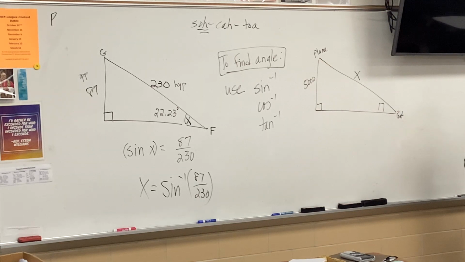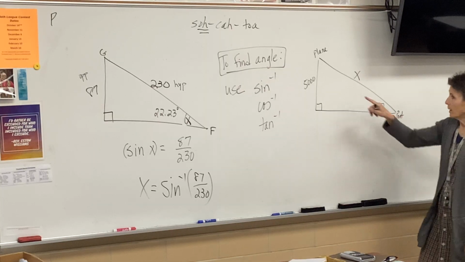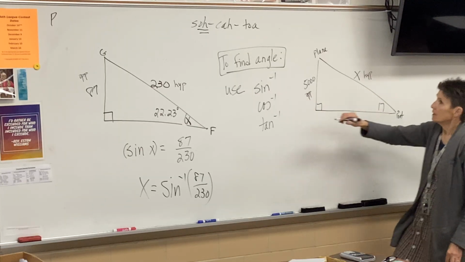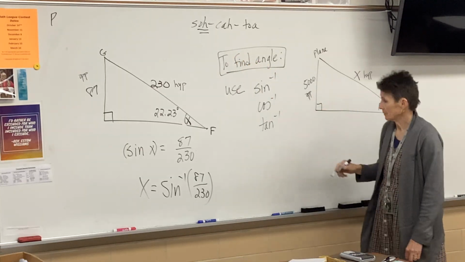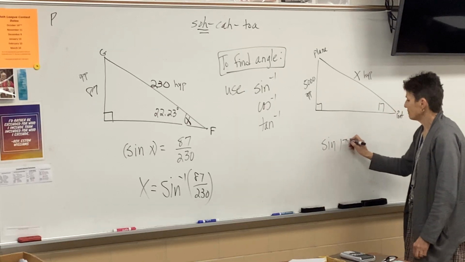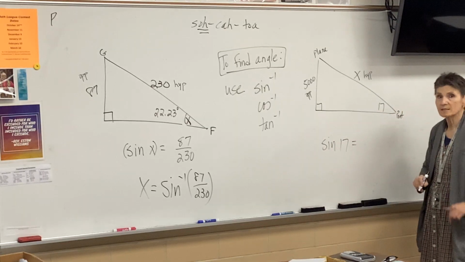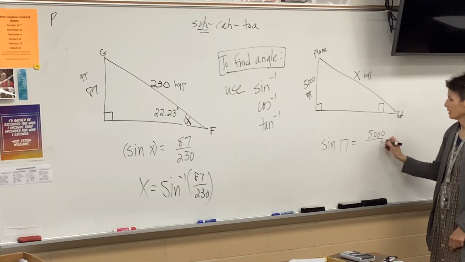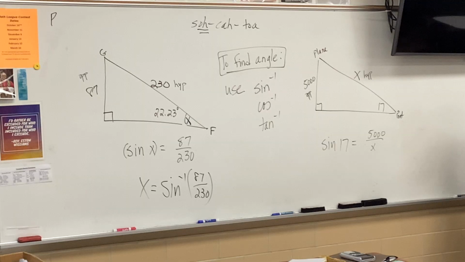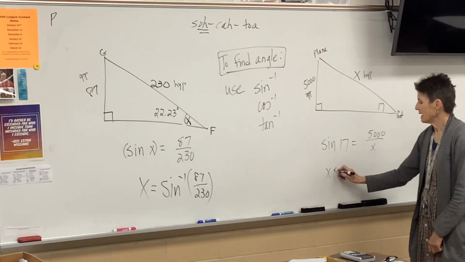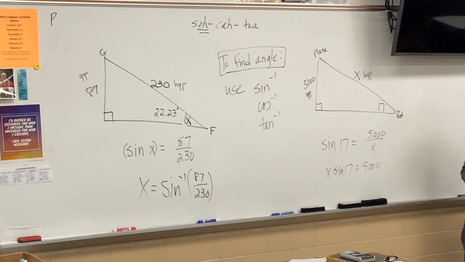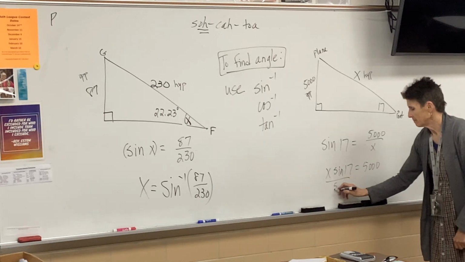All right, figure out your function. Are you going to use sine, cosine, or tangent? Well, this is opposite, and this is hypotenuse. So I guess I'll use sine. So sine 17, hook the angle to the sine. Sine 17 equals opposite over hypotenuse. Multiply by x and divide by sine 17.